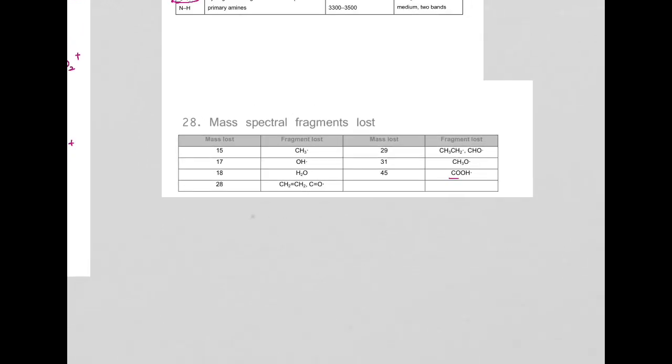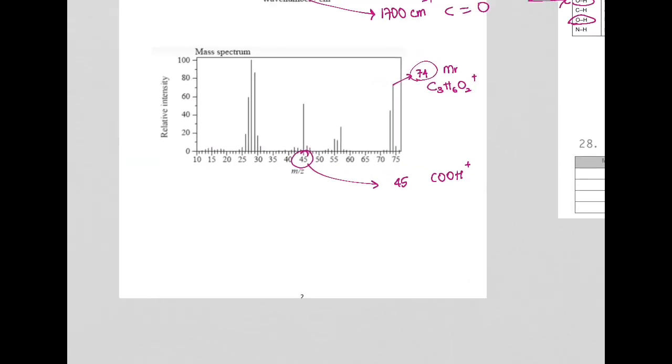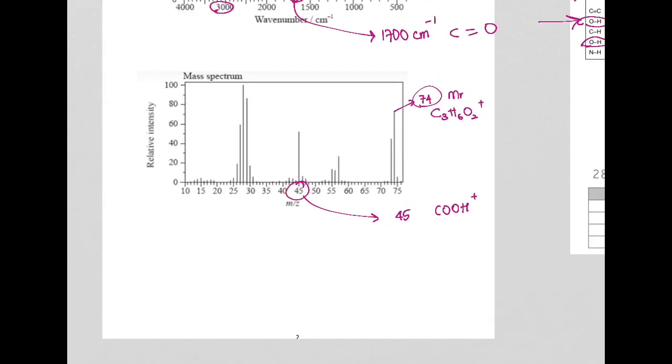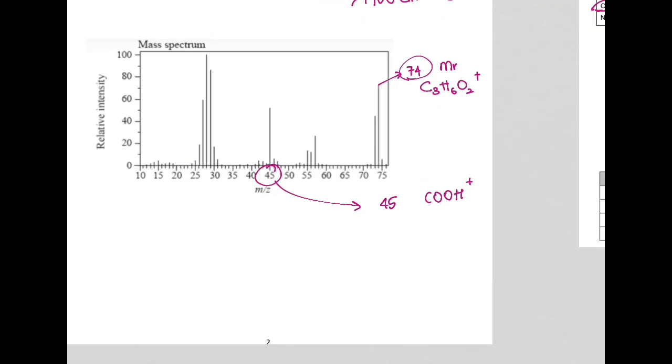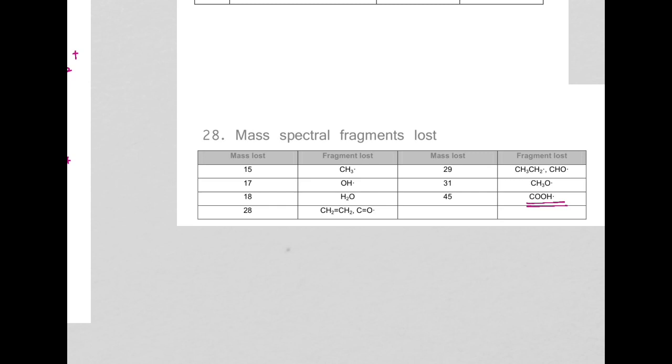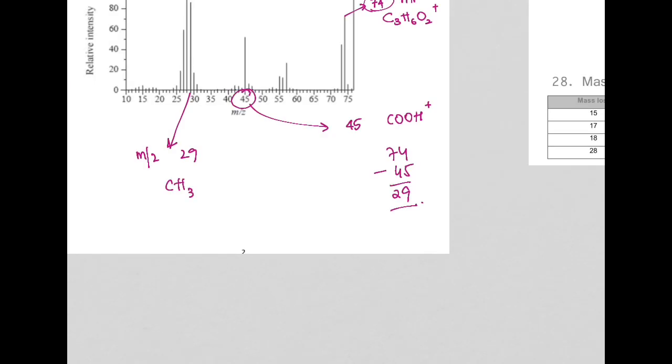So 45 is COOH. And if you do 74 minus 45, 29, you have a strong peak here. M over Z is 29, so this corresponds to CH3CH2. So we know that there is COOH, we know that there is CH3CH2.